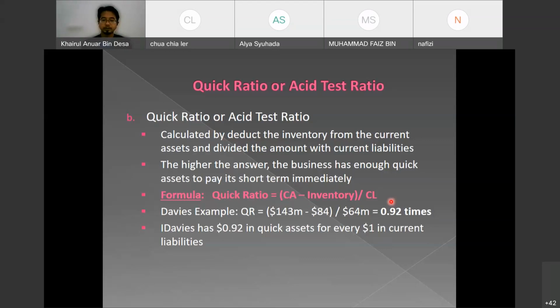So, kita dah detect one problem here, inventory problem. So, what's a recommendation? Itu you kena fikirlah. Nanti, later on, in your group project assignment, you kena buat macam tu. Calculate, then detect the problem.